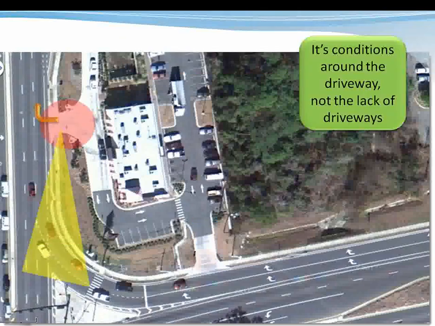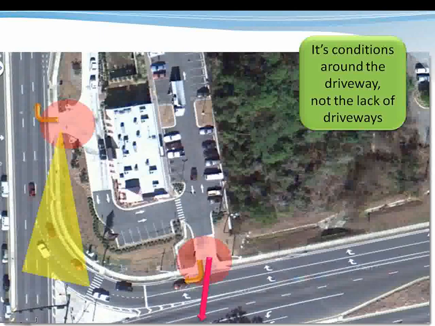Remember, it's what we said before. It's the conditions around the driveway and not the lack of driveways that causes access problems. In this case, a driver exiting this driveway may be tempted to cross the right turn lanes all the way over into the left turn lane across the roadway.